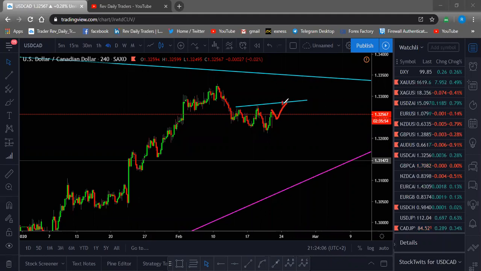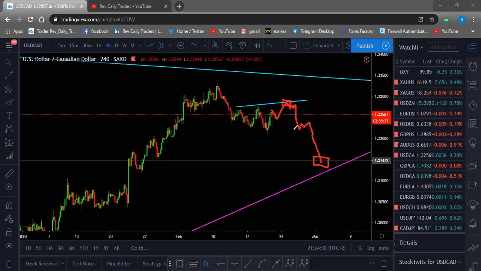Then from the top of our roof, we're going to look for price action, whether it's going to give us one more down, okay? Remember this line, it's our monthly RS, okay?